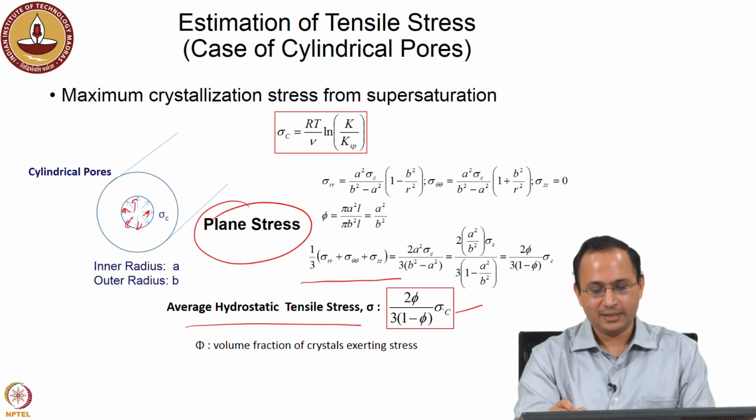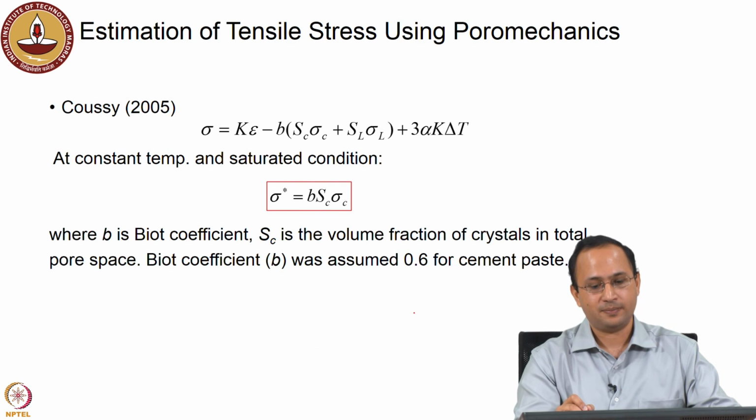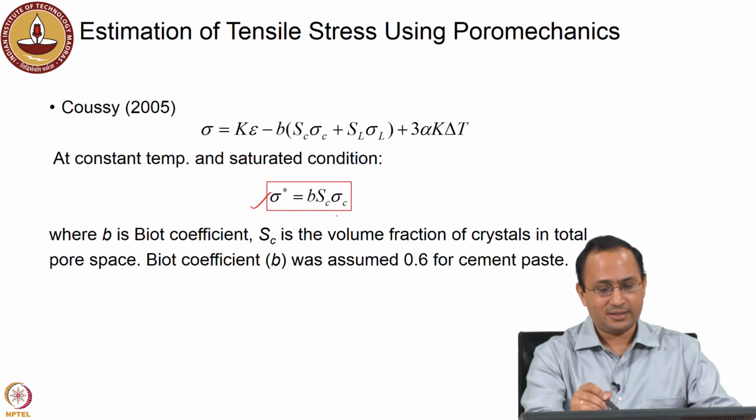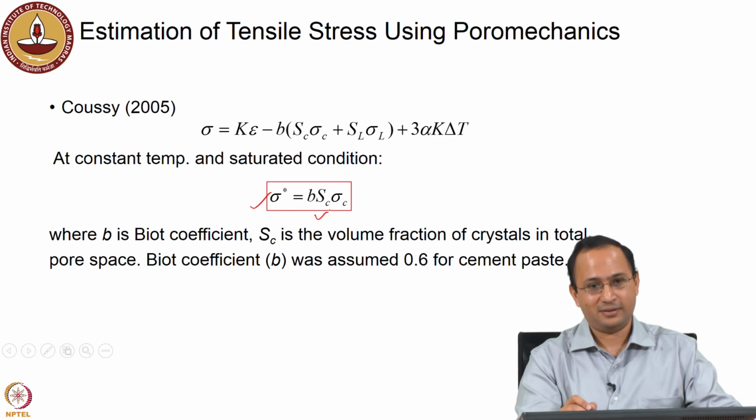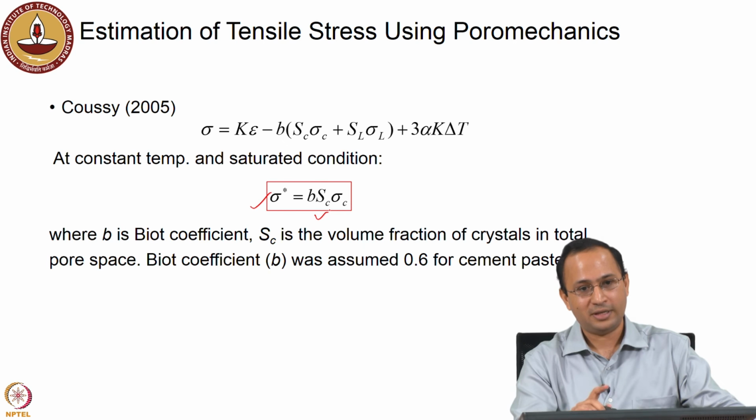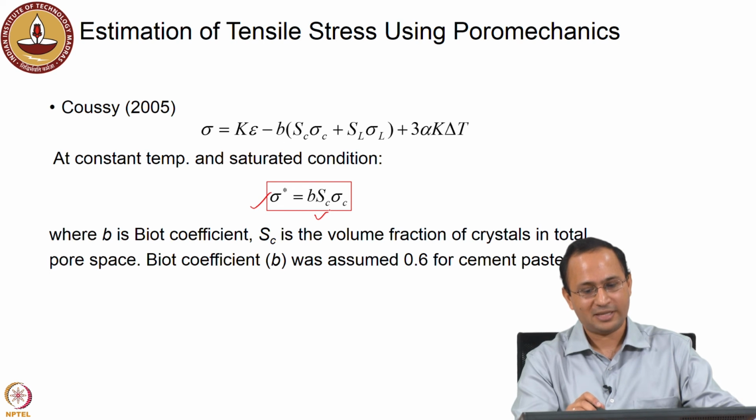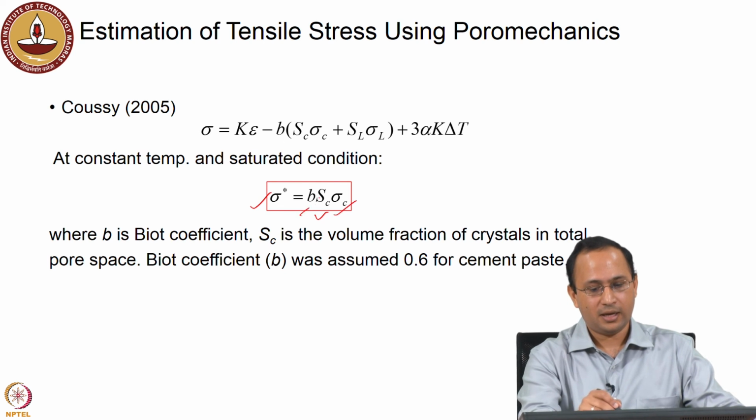So, the sigma c is the maximum crystallization stress from thermodynamics, right. Now, based on the volume fraction of crystals, you can estimate this average hydrostatic tensile stress. And using poromechanics also, we can relate this stress to this SC factor. We saw also a better correlation of expansion with this SC factor. We can calculate the tensile stress.